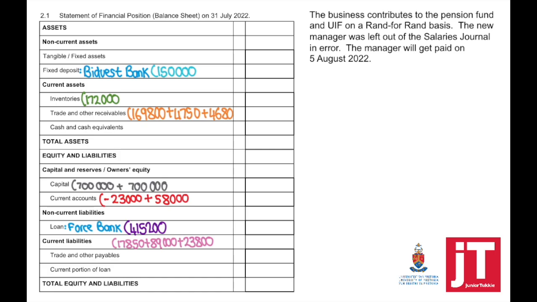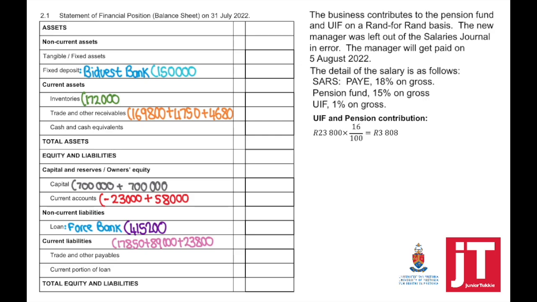The business contributes to the pension fund and the UIF on a rand-for-rand basis. The new manager was left out. The manager will get paid on the 5th of August. This means that we still need to add the contributions, which are my UIF and the pension fund.